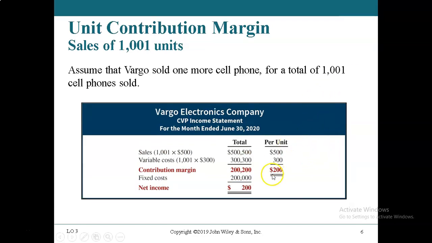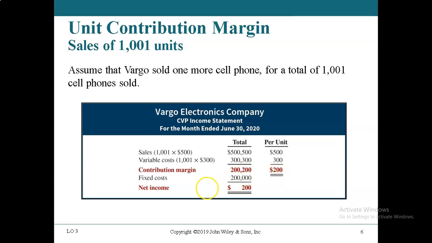Then how much money do you make? You make $200. If I were to sell 1,002 units, then I would be making $400. So how do I know that? Because the unit contribution margin is $200. So for every unit that I make, I'm making $200 in extra money.